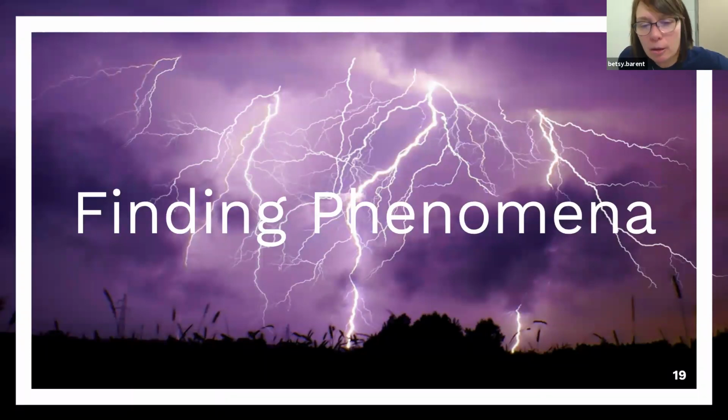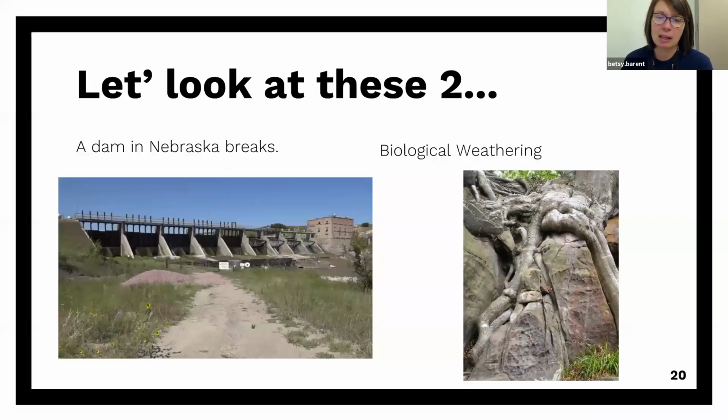So once you've gone through writing those facets, and by the way, I will share some finished ones with you, you're probably going to find that your brain is starting to think about phenomena that you might use. So I went ahead and picked out 2 phenomena that we could possibly entertain for this particular bundle.